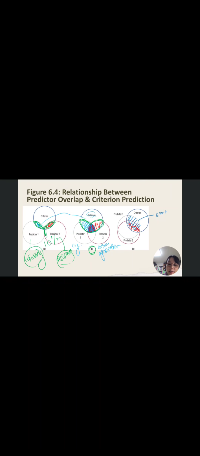It is here, you see? Here, here. So this is the value. This is literally the value of adding predictor 2, and it is minuscule because there's so much overlap between predictor 1 and predictor 2. So what is predictor 2?